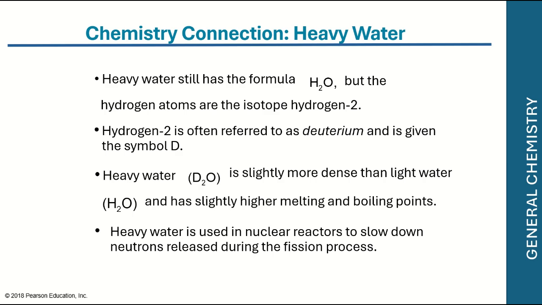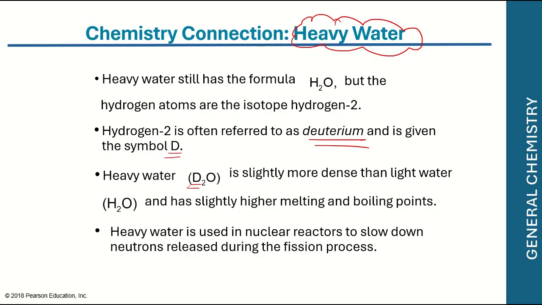Another thing that some people ask me: we have isotopes, so we have hydrogen isotopes. We have hydrogen, we have deuterium, and we have tritium as well. Some students ask me, why do some books have D2O? Is this water?